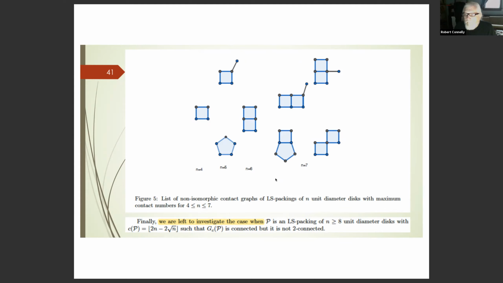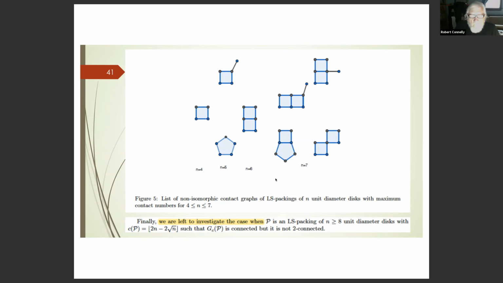Can you say something about the following extension of your problem? Suppose you have a periodic packing, for instance a flat square in the plane. Even in the two-dimensional case, it is interesting how to find the maximum contact numbers.